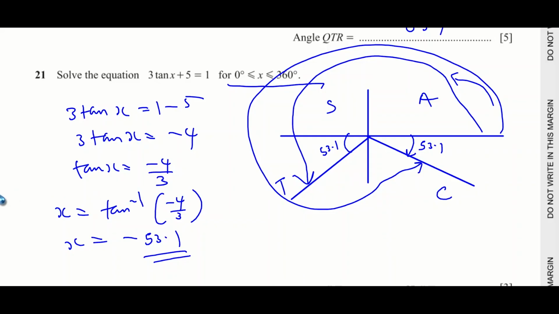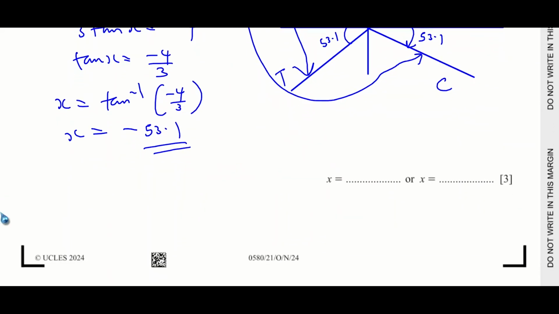So the first one will be, we'll say that x is equals to 180 plus the x, which is this. I don't know if this will not be confusing.